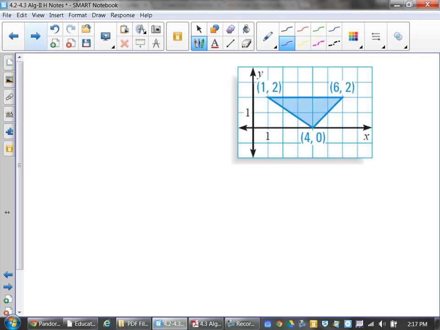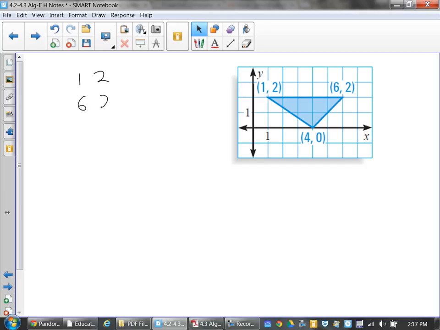Here's what we do. Whenever I want to find the area of a triangle, and I have 3 ordered pairs, the first thing I do is put them in columns: 1, 2, 6, 2, 4, and 0.